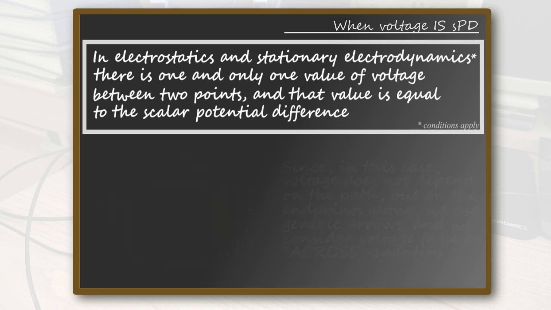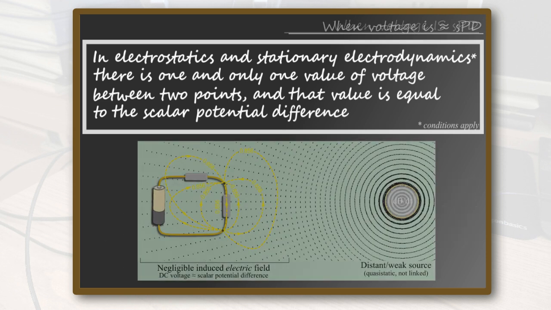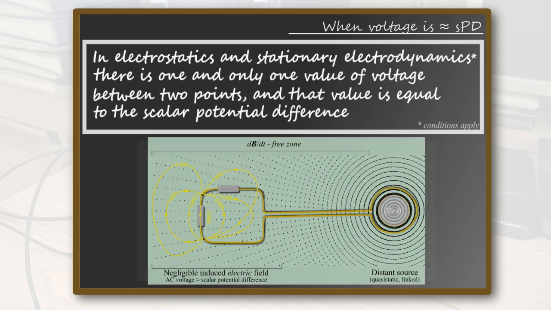In quasi-statics, the above rule holds approximately true only if all the sources of magnetic induction dB/dt are sufficiently slowly varying or sufficiently far away that their induced electric field E induced becomes negligible.